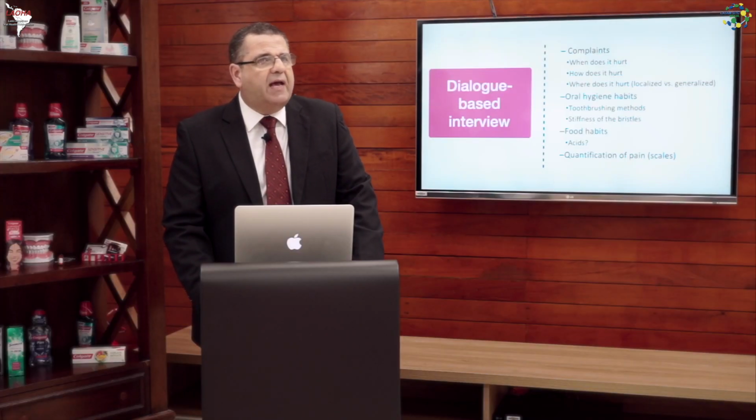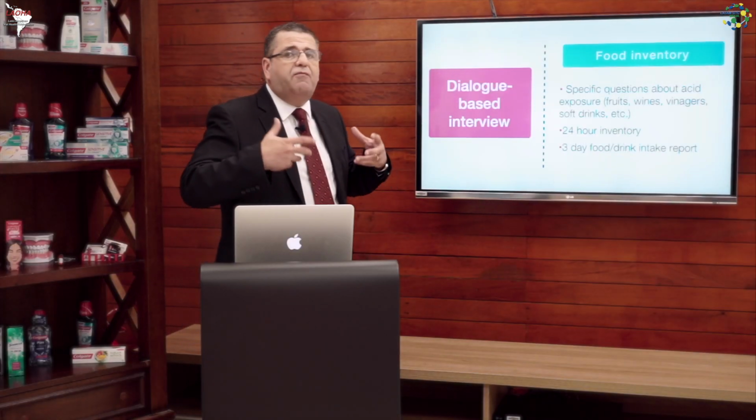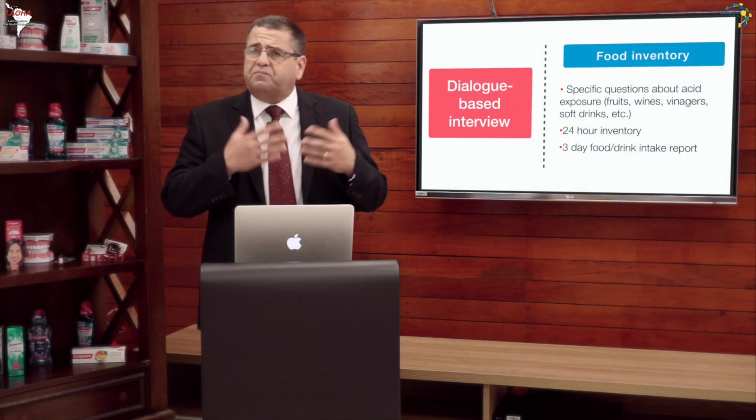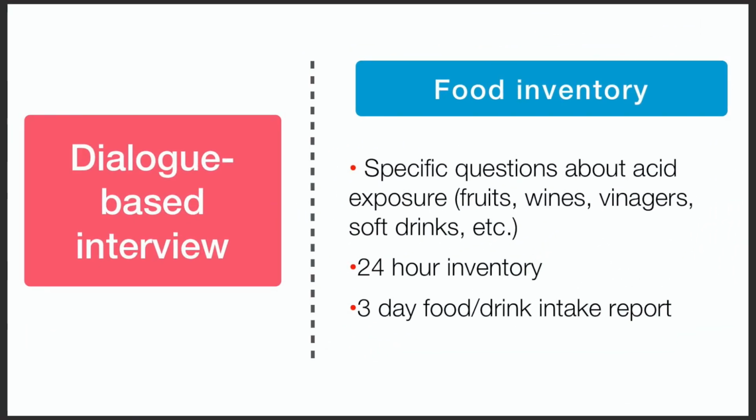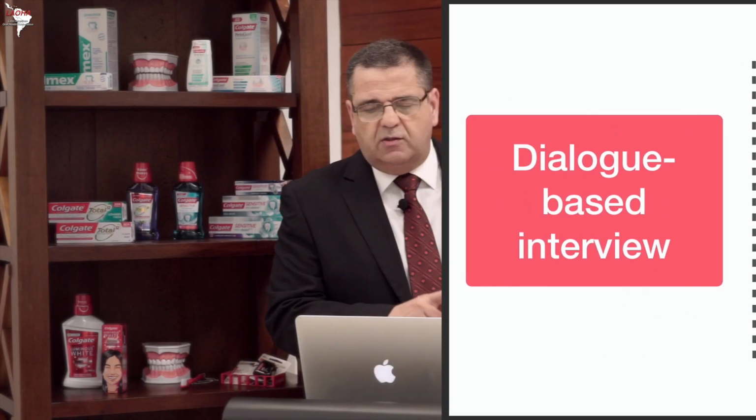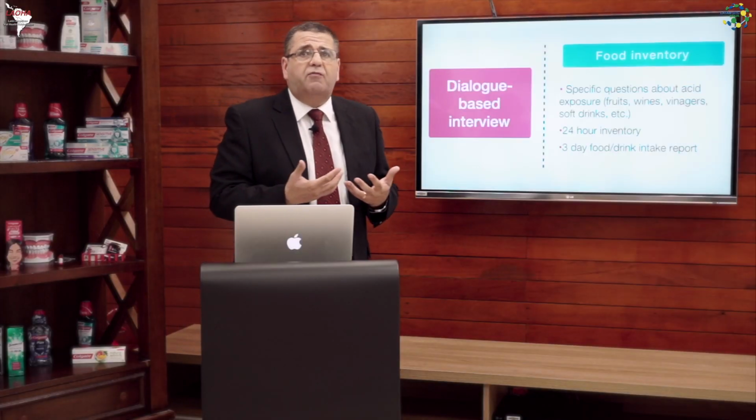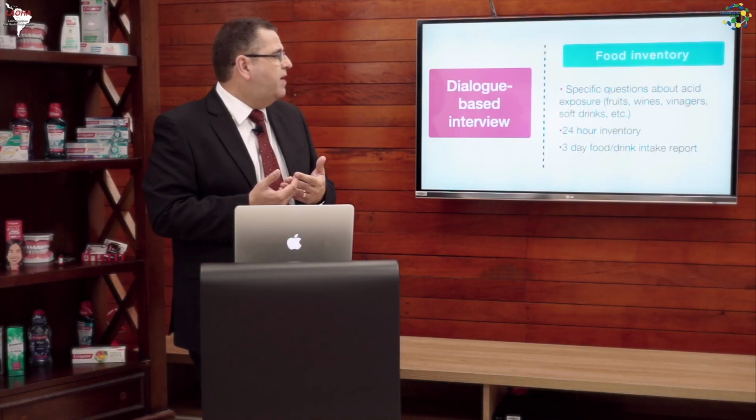But coming back to the acid things, we have to make a food inventory. There are several ways of asking specific questions related to acids. For example, exposure to fruits, wines, vinegars, soft drinks, whatever comes to mind, taking into consideration what the patient is telling us. But the more effective ways are the inventories.